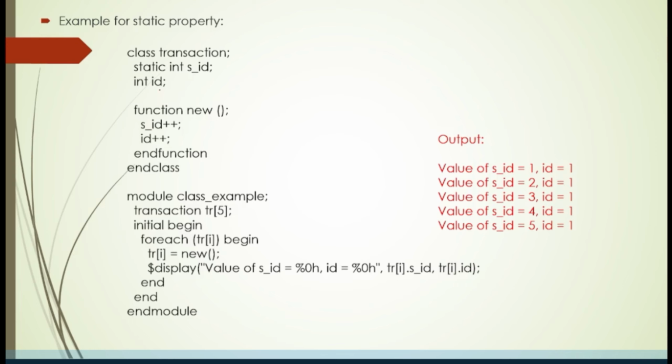If you see here, class transaction, and within this class I am using two variables, SID and ID. This is my transaction, and for this transaction I am taking 5 handles: tr1, tr2, tr3, tr4, tr5.